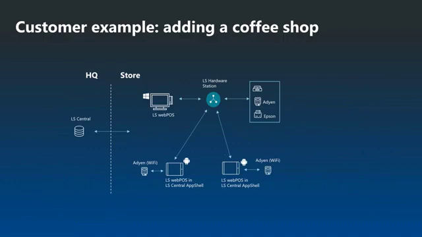Now, the first customer example that we want to mention is an example where a customer, a retailer, wanted to add a small copy shop feature or setup in a part of his retail store. There they wanted to serve the customers using tablet devices.